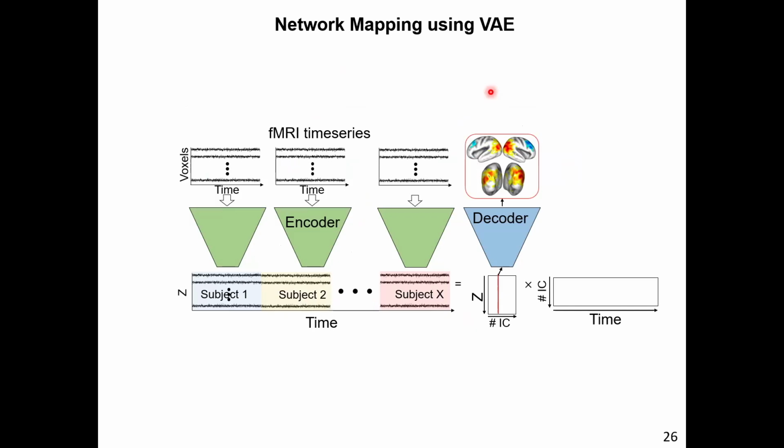Next, we wanted to use the VA model to get network mappings of the newborns and fetuses. For the fMRI data, we encoded it and generated latent variables using the encoder, applied temporal ICA to get the IC maps, and then looked at the network patterns using the decoder.